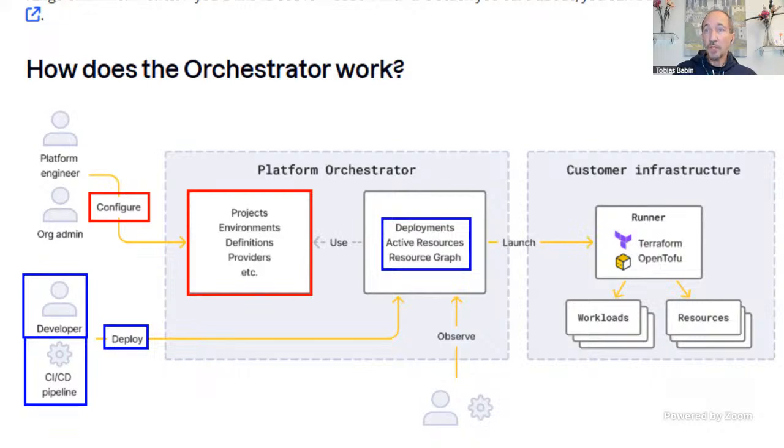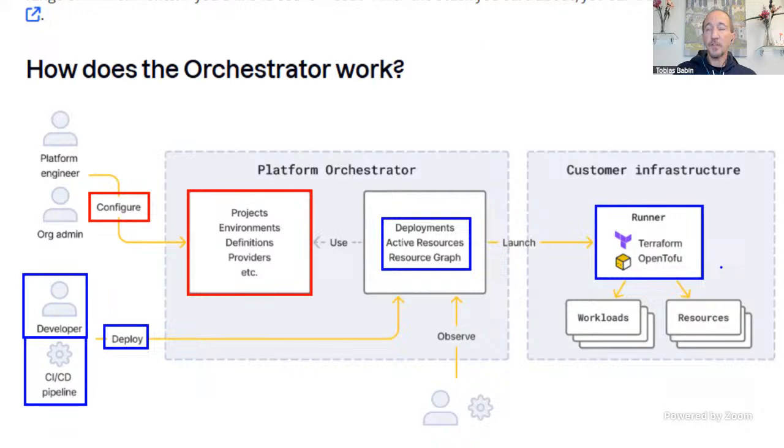And every time the orchestrator needs to execute a deployment, and that's a very important core concept that we're going to see a lot in the next couple of minutes, it launches a runner in your own infrastructure. A runner is kind of a task. It's a temporary thing that is launched, executes code, stops, and returns to the orchestrator.